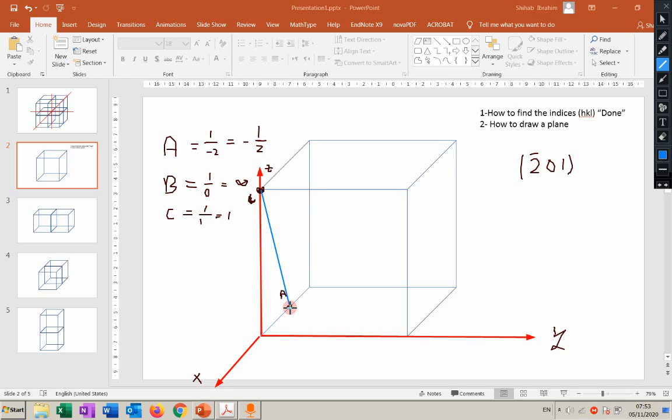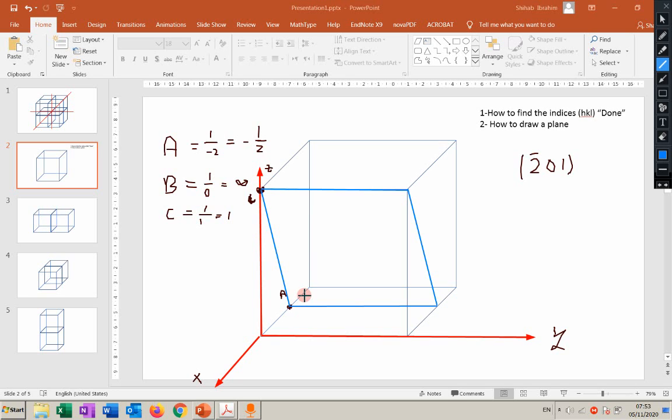At point A, draw a line parallel to the y-axis. Look, this line is parallel to the y-axis. At point C, draw another line parallel to the y-axis until the end of the cube, and then connect the ends of the lines back together, and it's going to give you the plane which is parallel to the y-axis. It has intersection at negative 1 over 2 for x, and intersection at 1 for z.